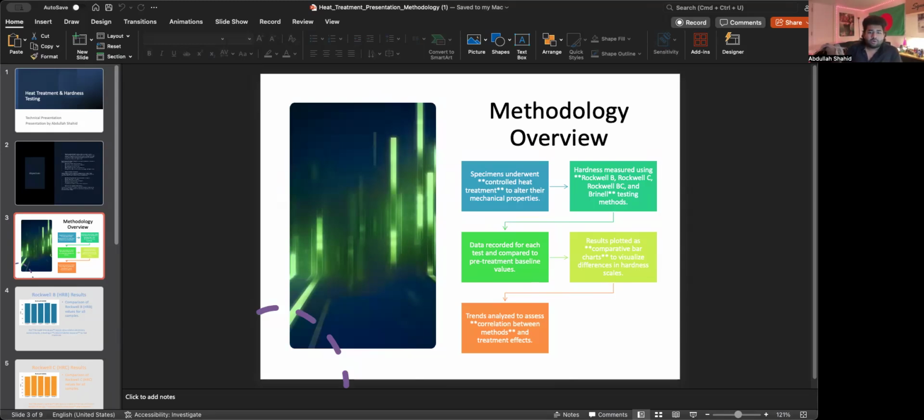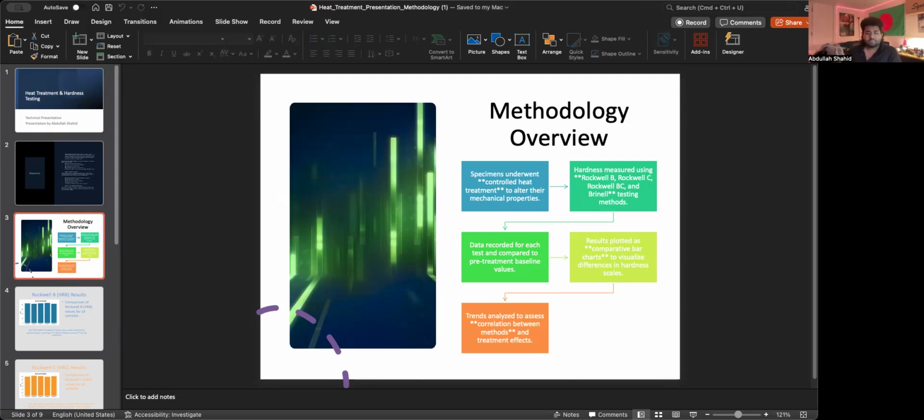I'll quickly go over the methodology. For the methodology, I was given samples that were prepared and subjected to different heat treatment processes. I then measured the hardness using various scales, which were the Rockwell B, Rockwell C, Rockwell BC, and then Brinell on each sample.